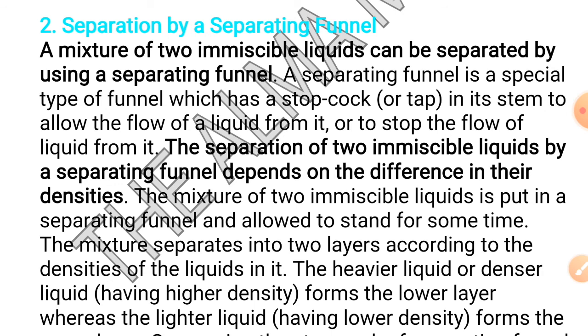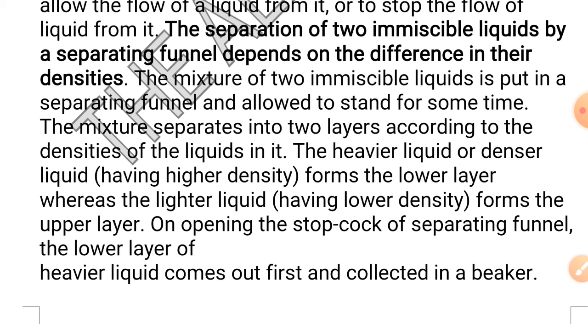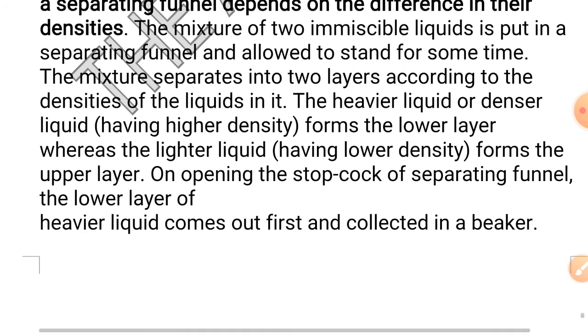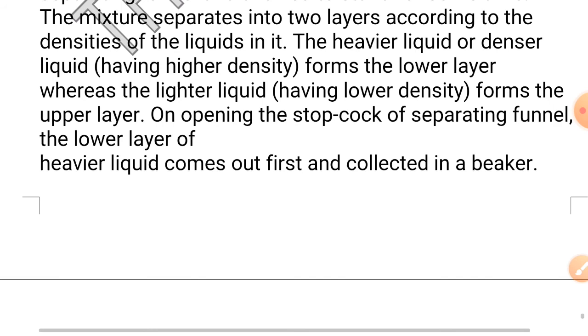The separation of two immiscible liquids by a separating funnel depends on the difference in their density. The mixture of two immiscible liquids is put in a separating funnel and allowed to stand for some time. The mixture separates into two layers as per the densities of the liquids, and the heavier one will be at the bottom while the lighter one will be at the top. So you can separate them by opening the knob of the separating funnel.